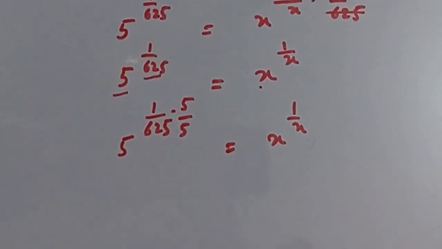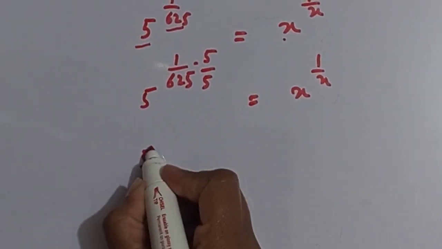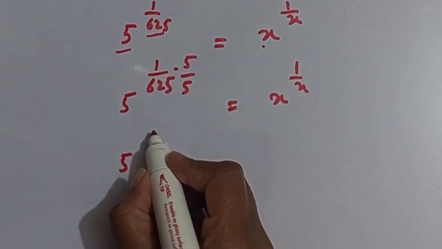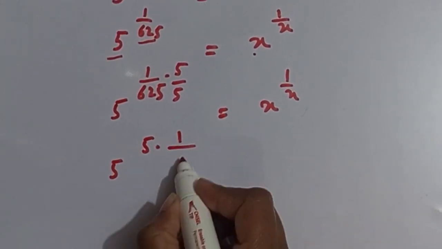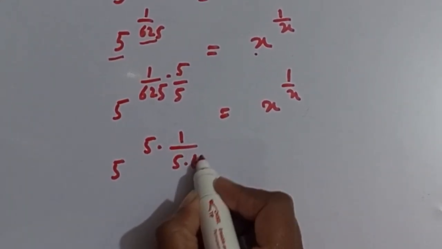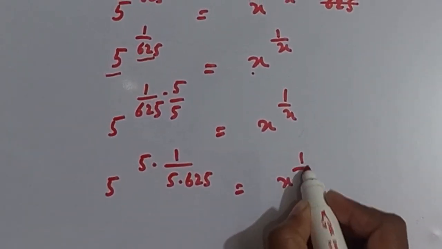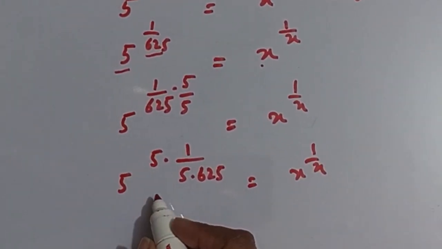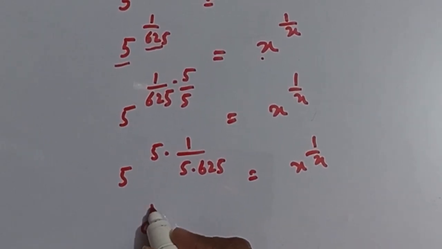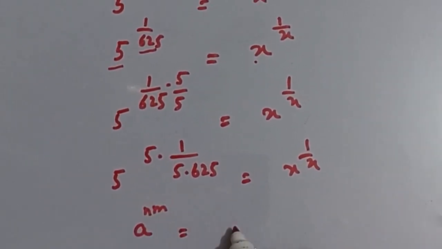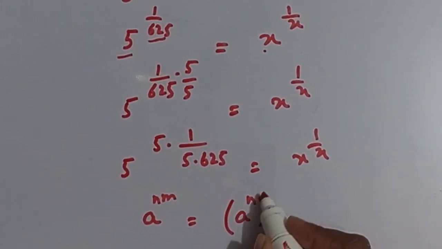Now in the next step, we write this as 5 raised to the power 5 multiplied by 1 over 5 multiplied by 625, and we copy this side, x raised to the power 1 over x. Now we use the identity: a raised to the power of the product of n and m, we write as a raised to the power n, and this raised to the power m.